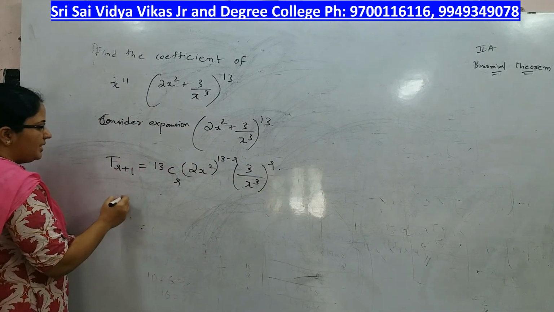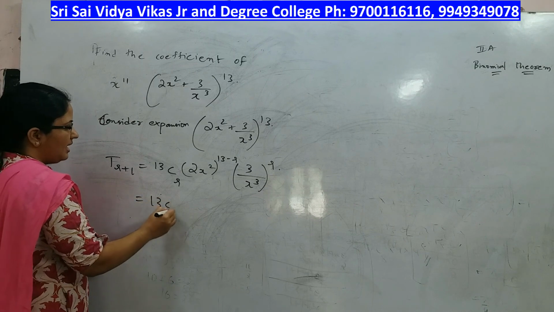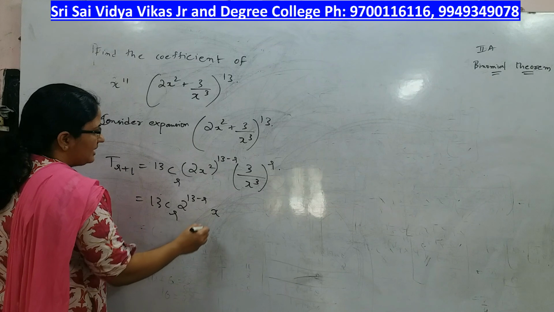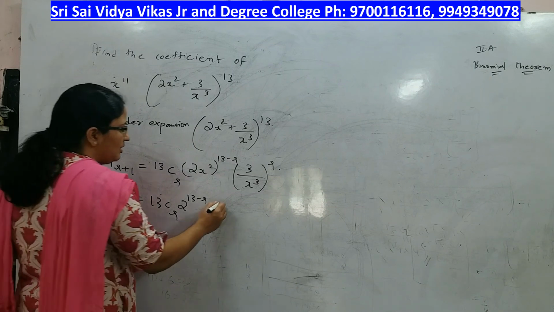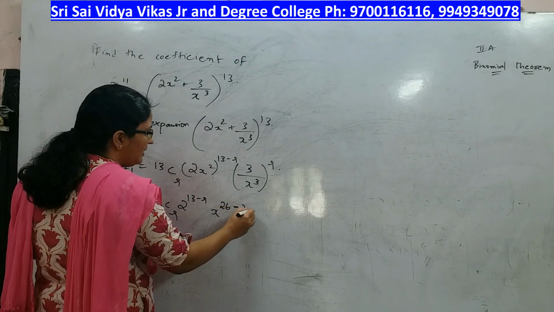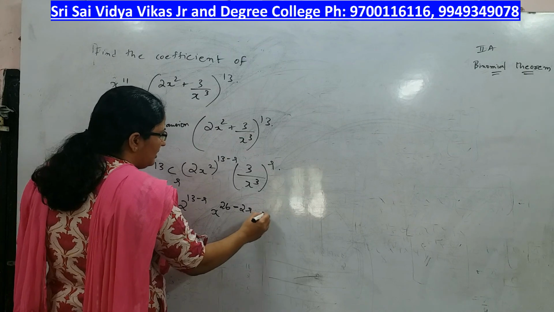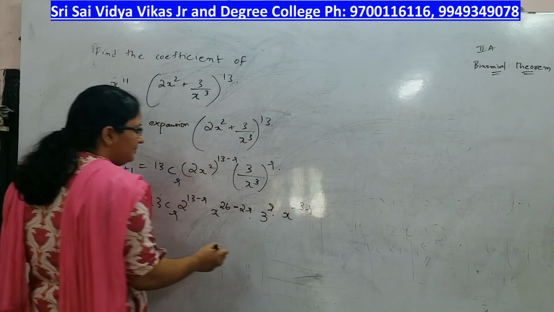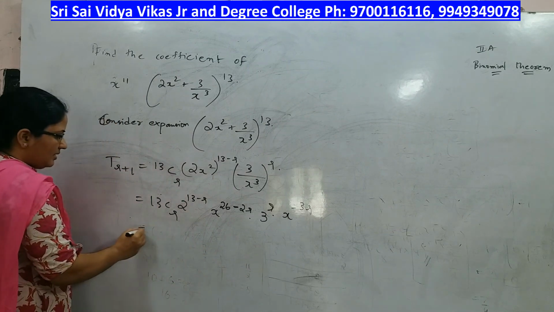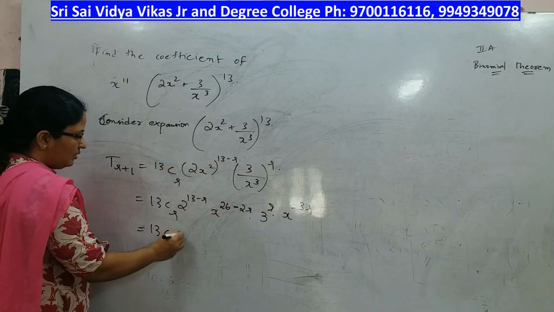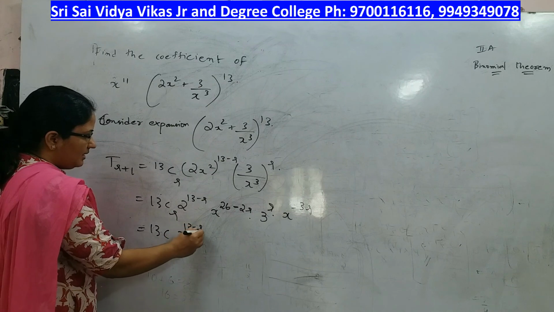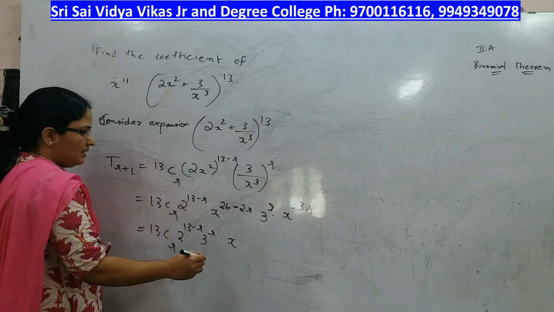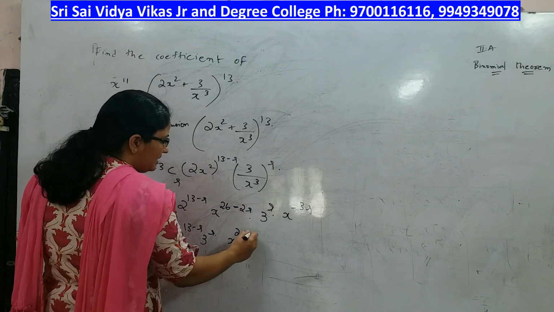So that is nothing but 13Cr, 2 power 13 minus r, x power 26 minus 2r, 3 power r, x power minus 3r. So that is 13Cr, 2 power 13 minus r, 3 power r, x power 26 minus 5r.